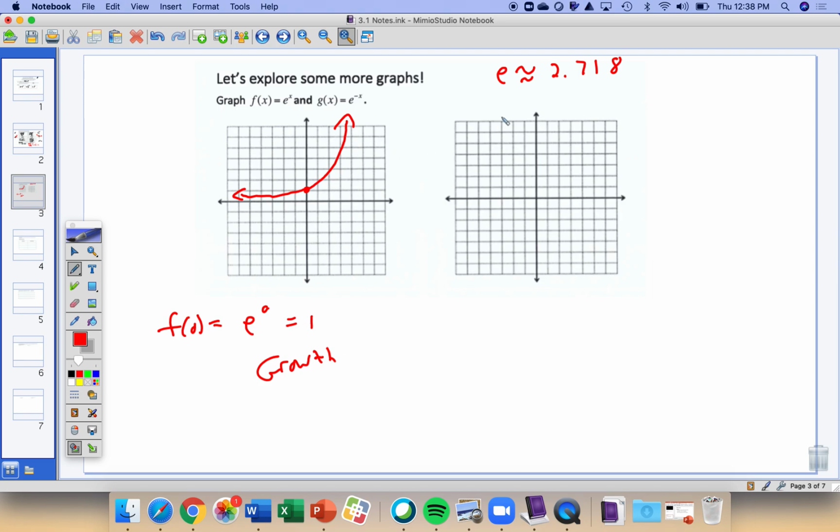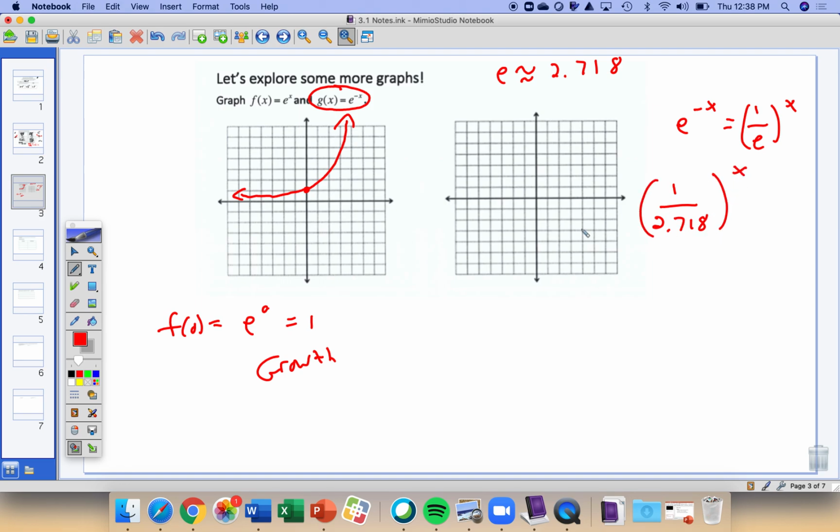On the other side, this is exponential decay. Now the reason why it is exponential decay is because e to the negative x is the same thing as 1 over e raised to the x. And 1 over e is 1 over 2.718 raised to the x.